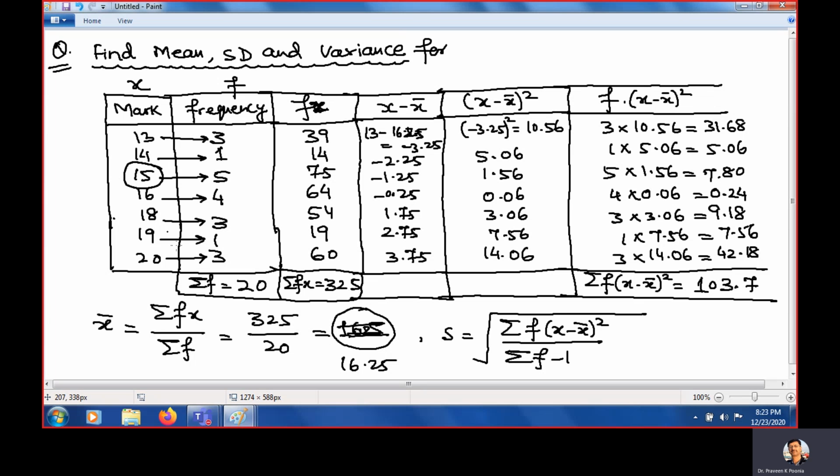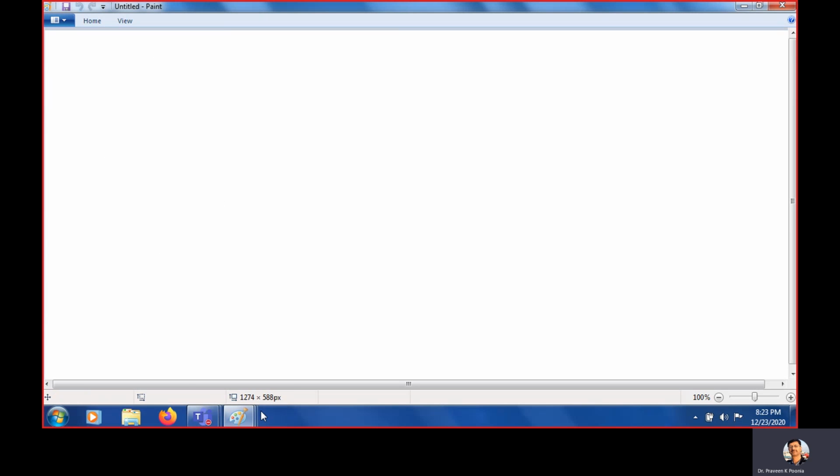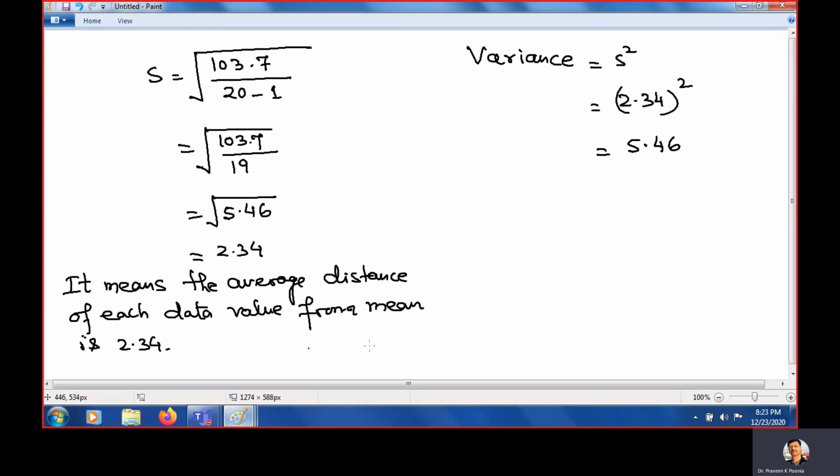So 15 is the mark that appeared for the maximum number of students. Clear? So the mode of this question is 15, because 15 is coming the maximum number of times.